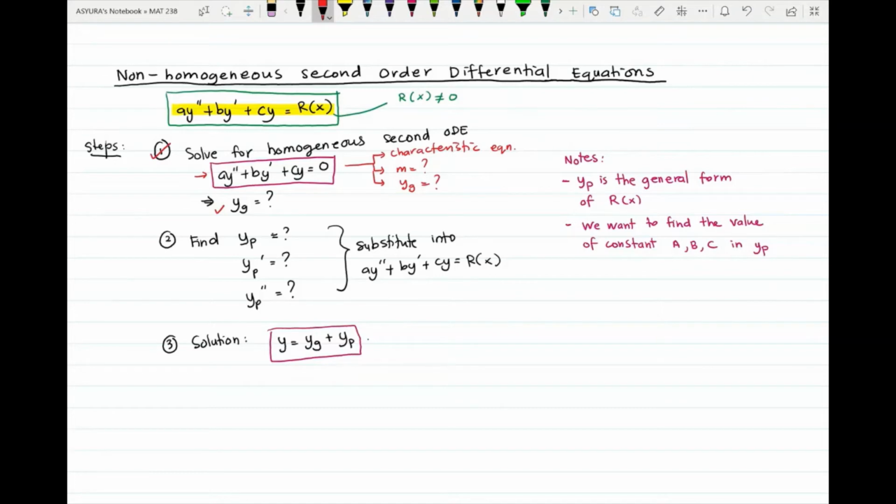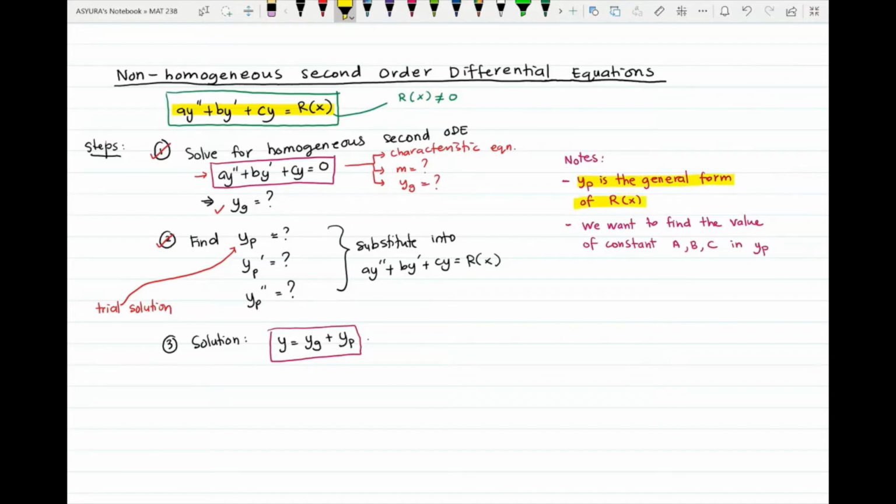The second step is to find yp. Yp is the trial solution, which is the general form of your r(x).